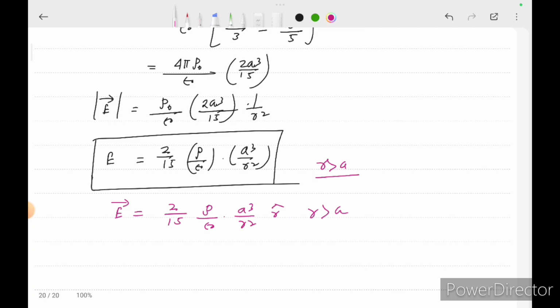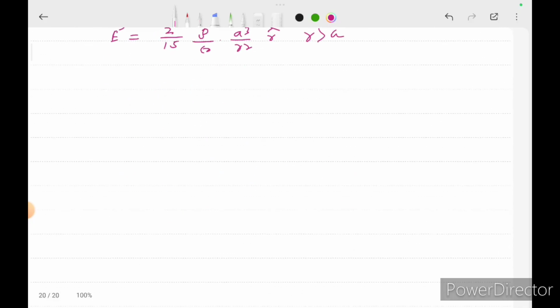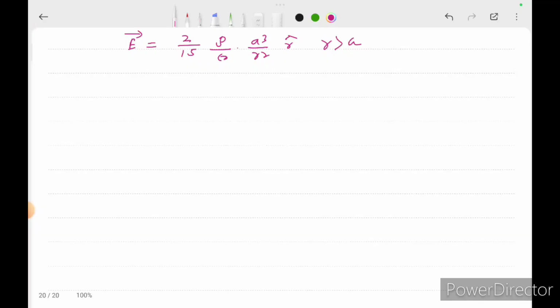Next, let's calculate another good problem, that is question number 3.